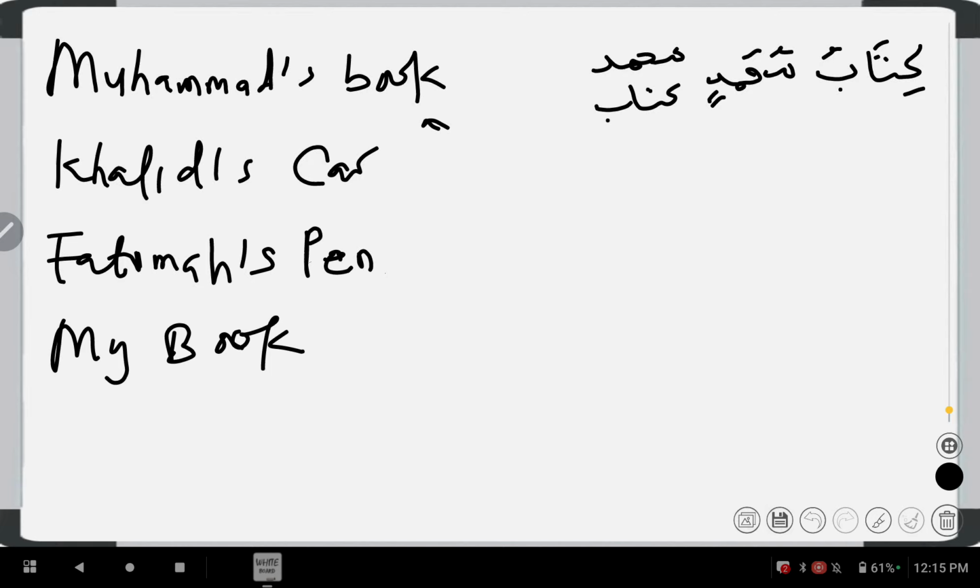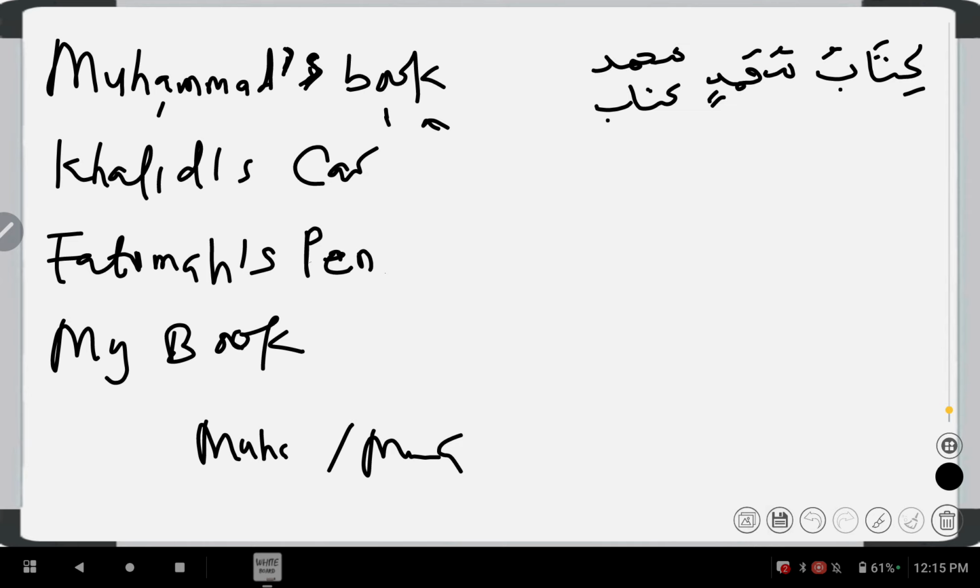But in English, it will come last. Muhammad's book. That is the essence of the 's here. We don't say Muhammad book in English, that is two different words. But when I say Muhammad's book, it becomes one. So in English, the possessor comes first and the possessed comes last. But in Arabic, the possessor comes last while the possessed comes first. So Kitabu Muhammadin.